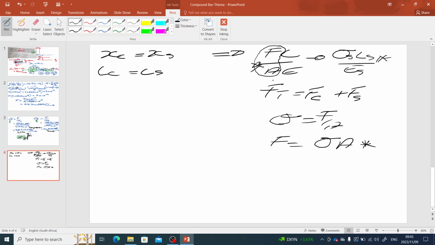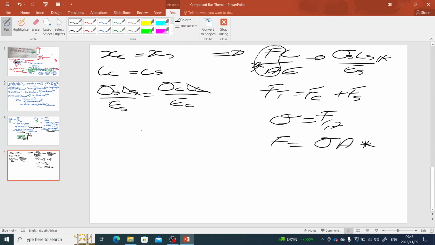There's nothing wrong. You will still get the same and correct answer if you want to calculate the forces. But in this case, I want to calculate the stresses. Okay. It means here I'm having stress steel L steel over Young modulus steel equals stress copper L copper over Young modulus copper.